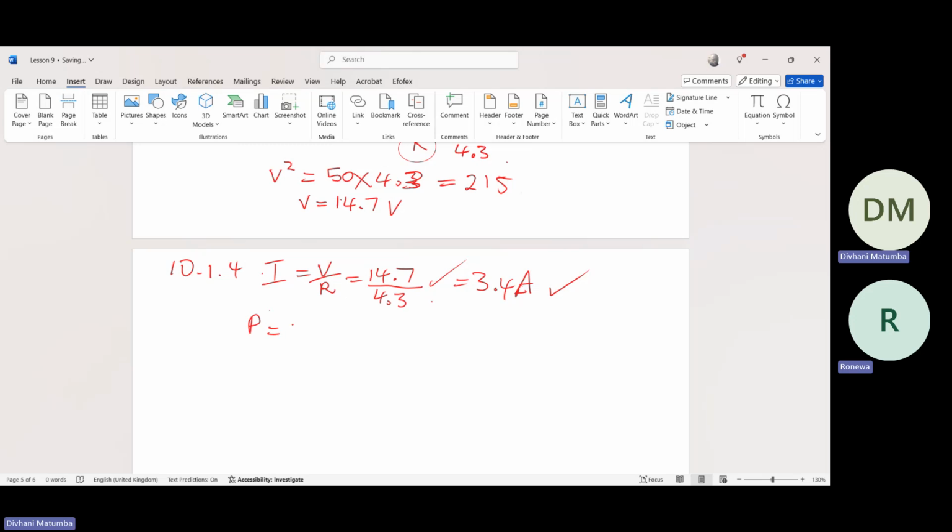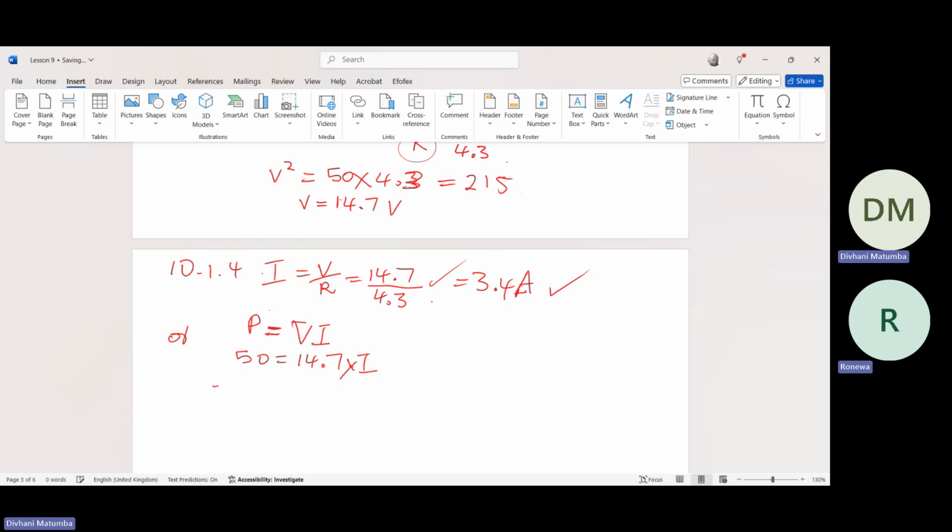P equals V times I. You are going to get the answer right, and that's for sure. I guarantee you that. But let's see. There are so many ways to kill a cat. There's another method, but okay. V was 14.7 times I.